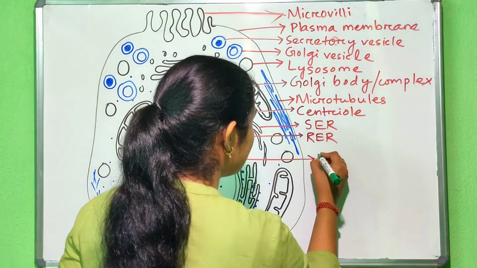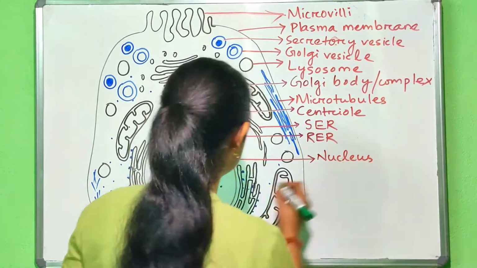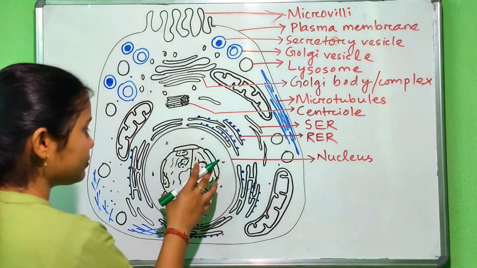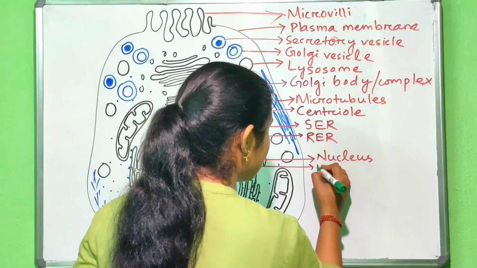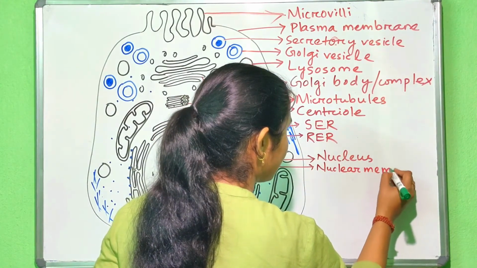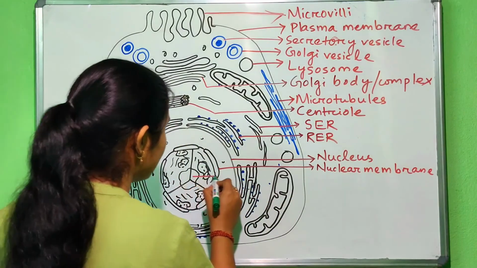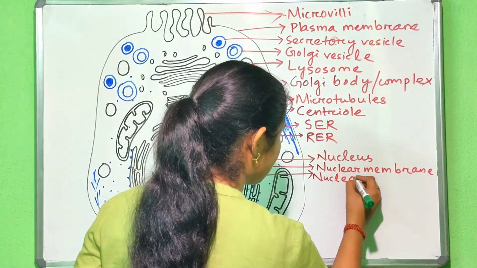Now what is this? This is the nucleus, and this is the nuclear membrane. We have cut off the nucleus. Then this is the nuclear membrane. And what is this? This is the nucleolus.